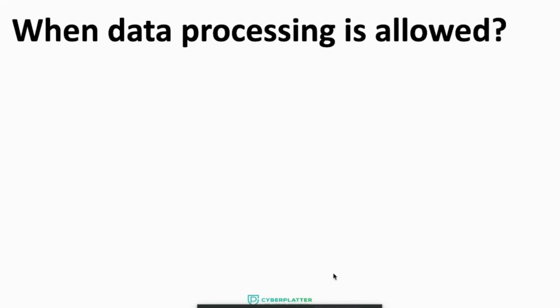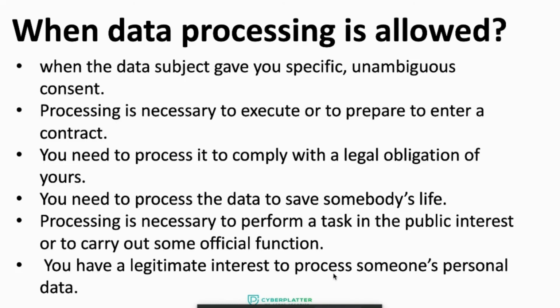Data processing is allowed when the data subject provided clear consent. For example, a user opted in for newsletters or marketing emails. And processing is allowed when it is required to enter into a contract where the data subject is a party.